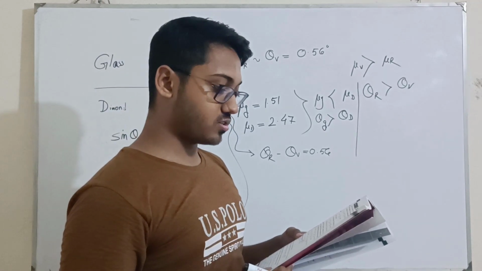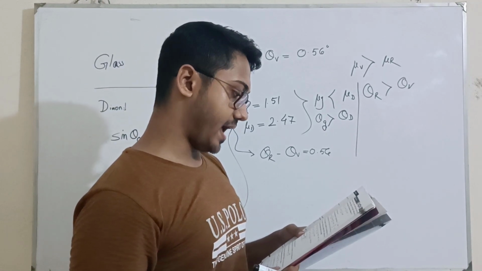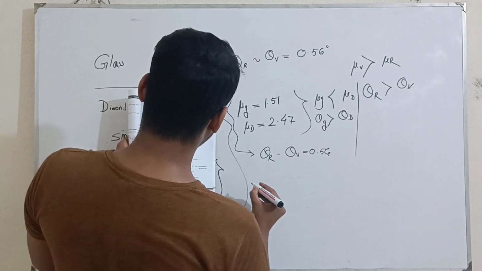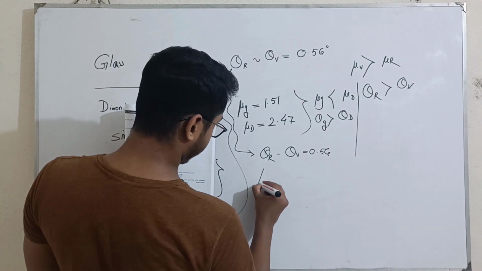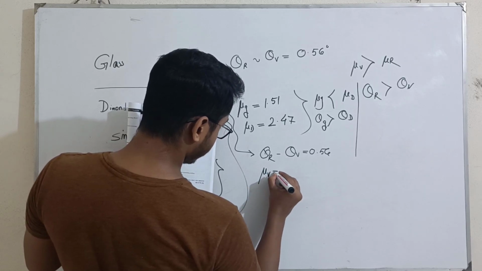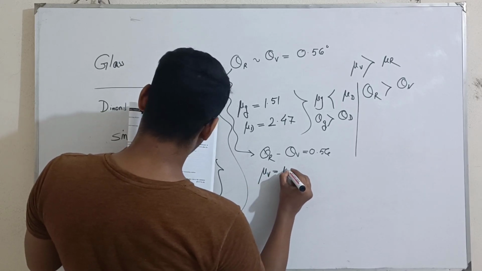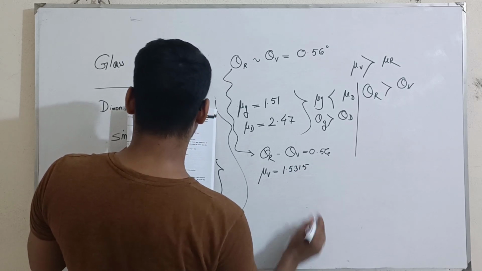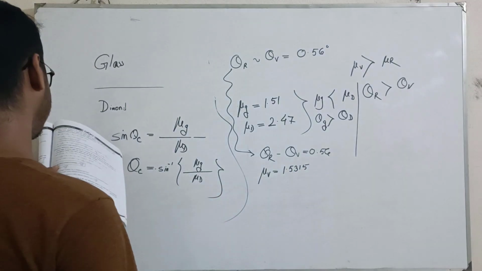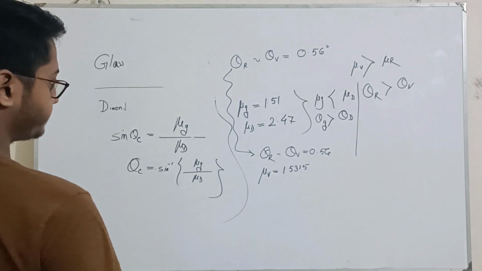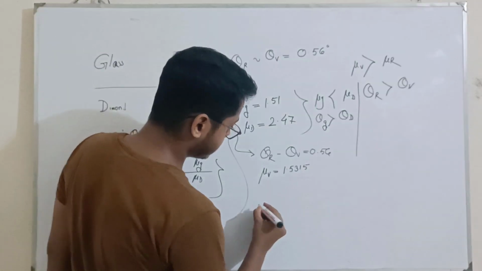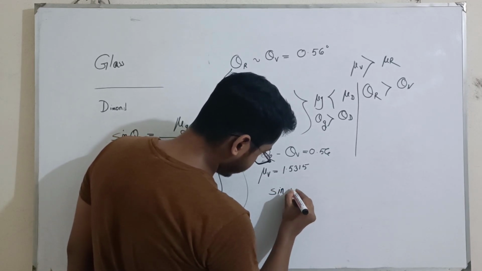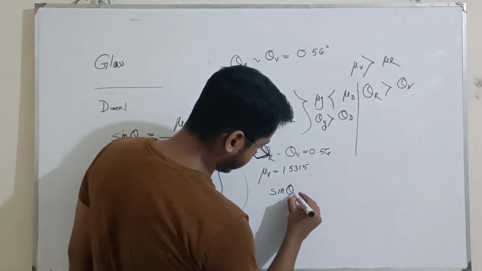If the refractive index of the crown glass for violet light is 1.5135, so nu v is equal to 1.5135, what will be the refractive index of the red light? Let's determine the critical angle for violet light.